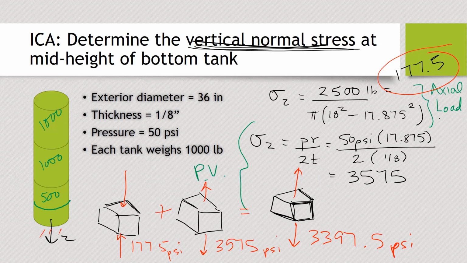You add those two together, so it's 3575 minus 177.5, and your net is 3397.5. You could also see this with shear stress, and we will as we get more into beams, but you could superimpose shear stresses or normal stresses anytime you have them acting in the same plane in the same direction. Questions?